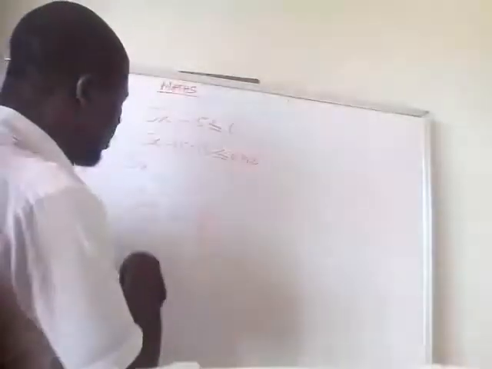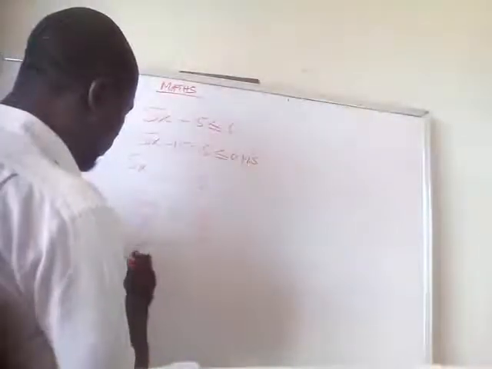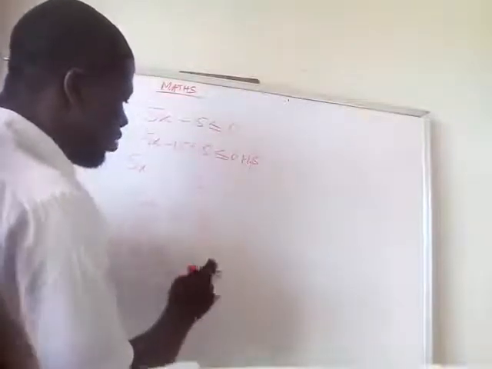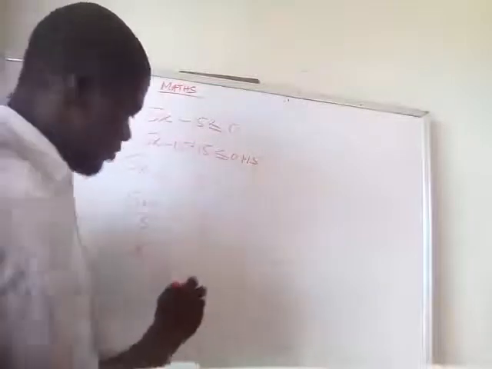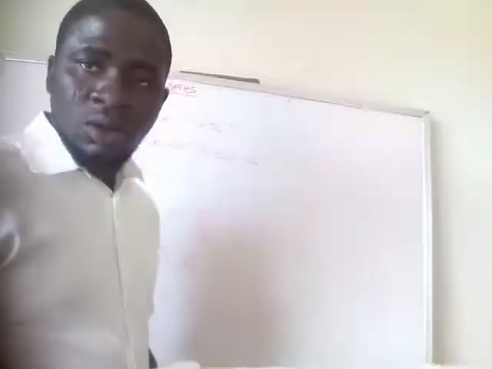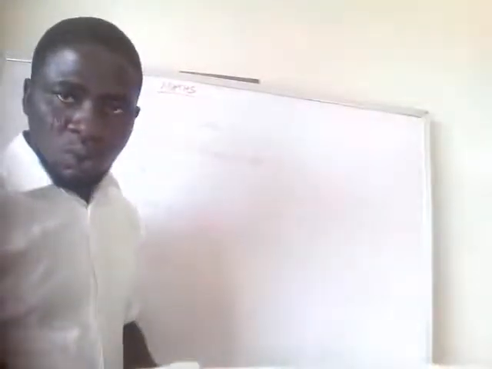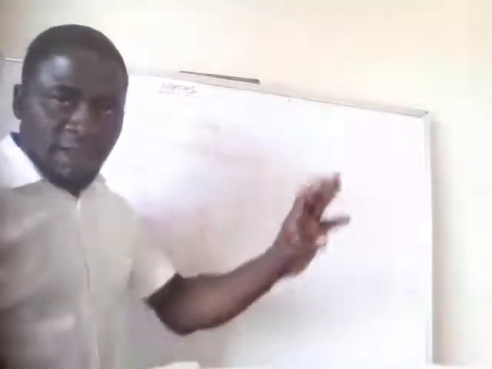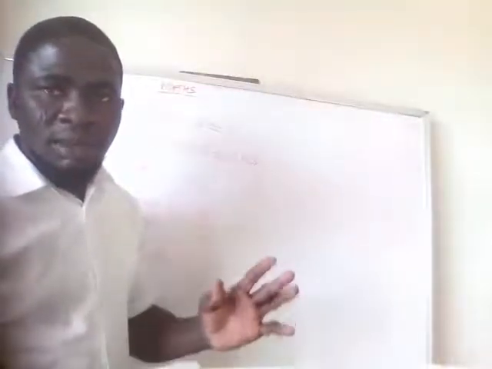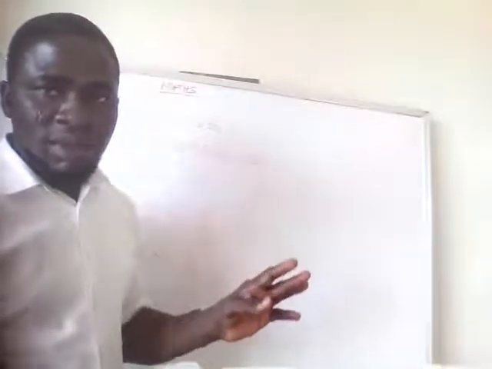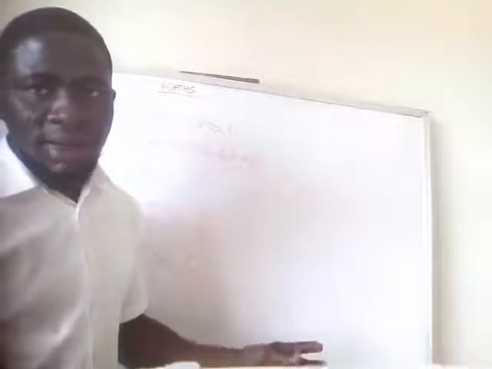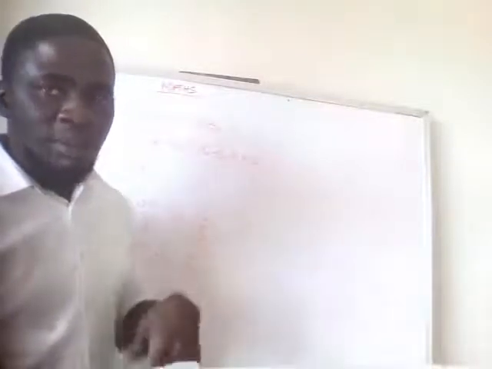So 5x divided by 5 will give me x, less than or equal to 15 divided by 5 will give me 3. So an inequality remains true when both sides, the right and the left hand side, are divided by the same positive quantity, or multiplied by the same quantity.